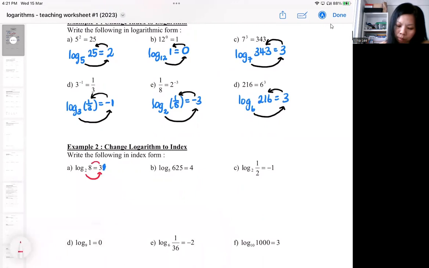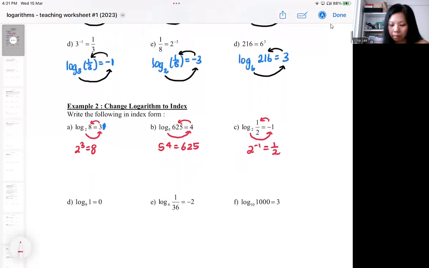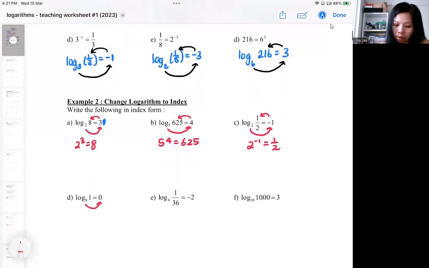It's 2 cubed equal to 8. 5 to the power of 4 equal to 625. 2 to the power of minus 1 gave me a half. 9 to the power of 0 gave me 1. 6 to the power of minus 2 gave me 1 over 36.